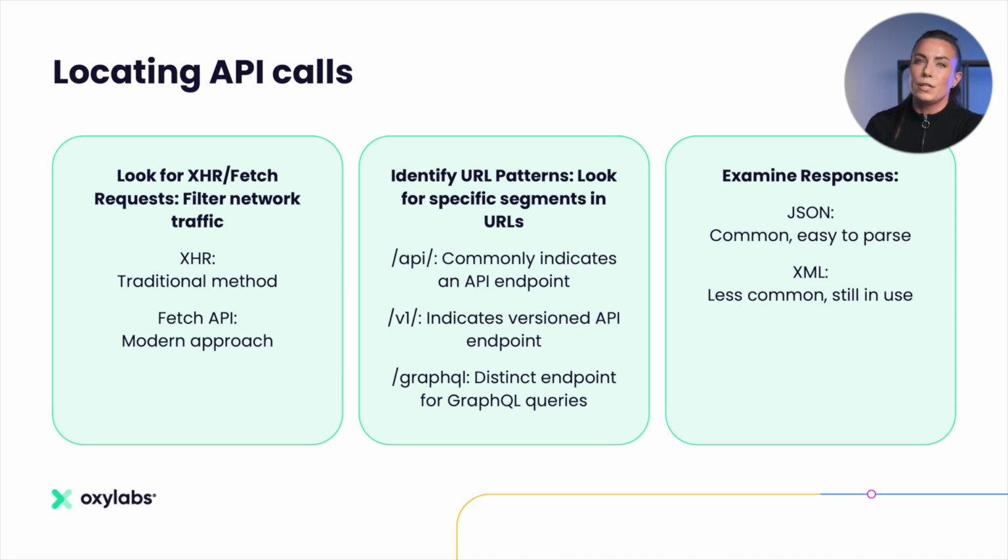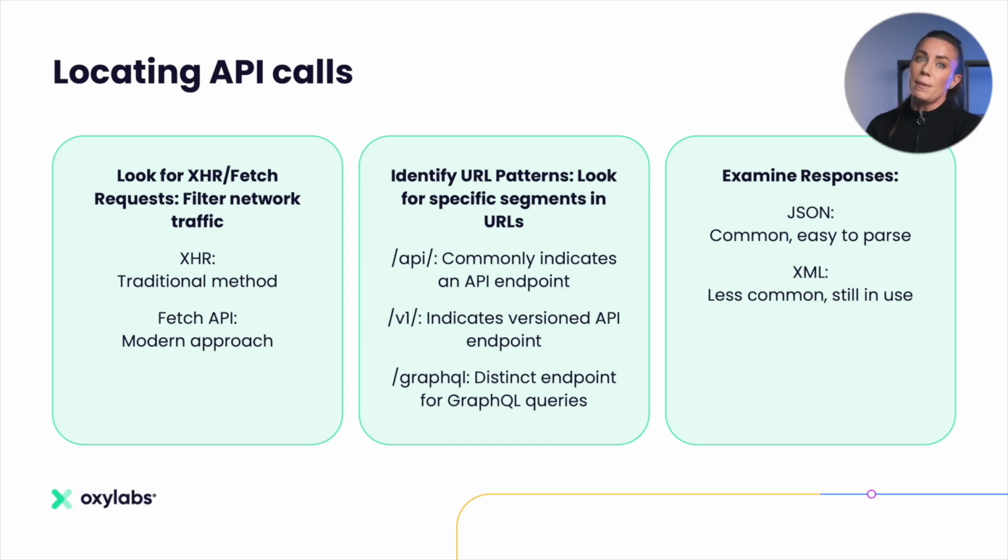Many websites simply use the word API to denote the endpoints. Versioned APIs often include version numbers in the URL, such as v1, v2, and so on. GraphQL is another identifier. Requests to GraphQL are typically POST requests, with a payload used to query specific data structures.